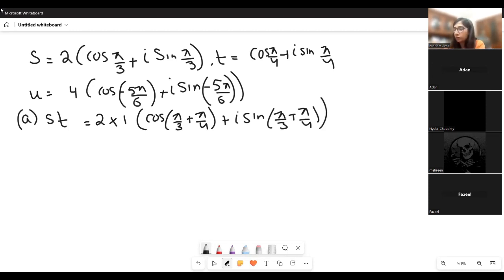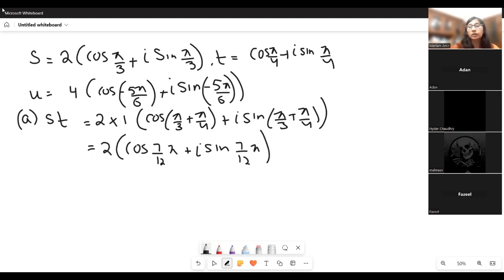So what is pi by 3 plus pi by 4? It's 7 by 12 pi. So we get 2 times (cos 7 by 12 pi plus iota sine 7 by 12 pi).